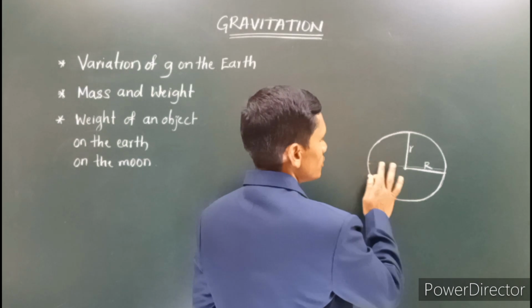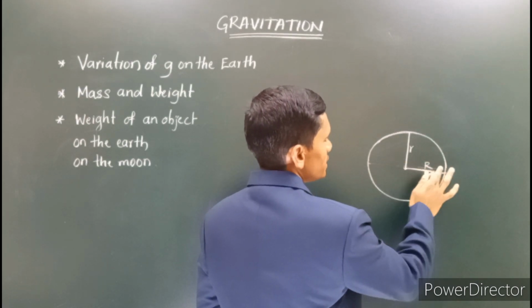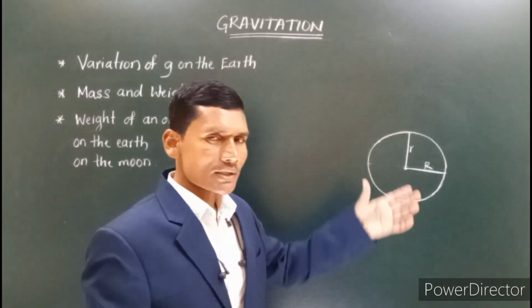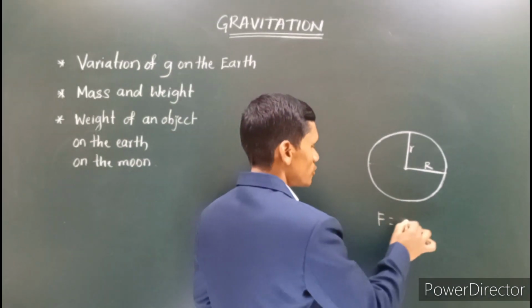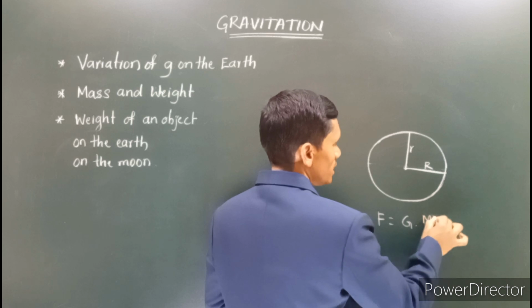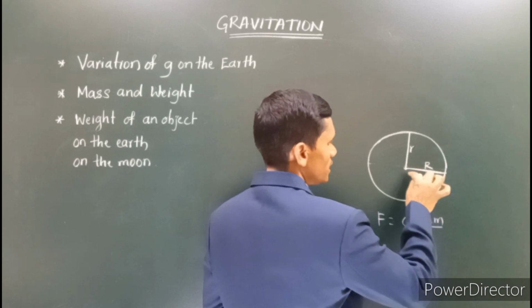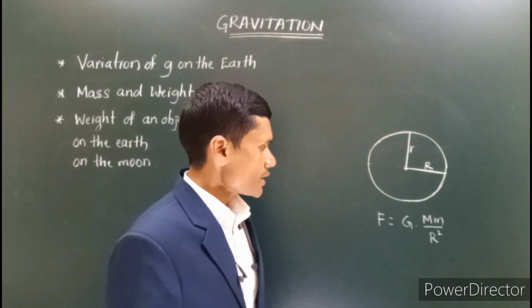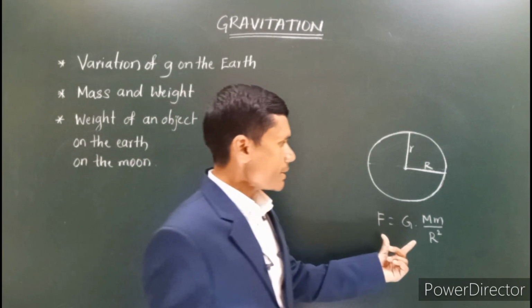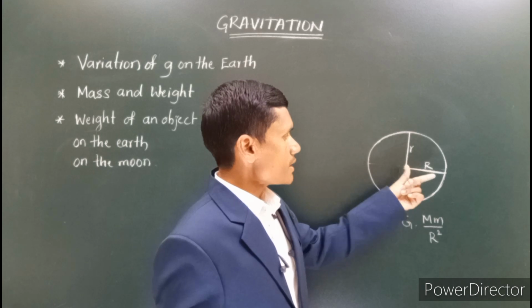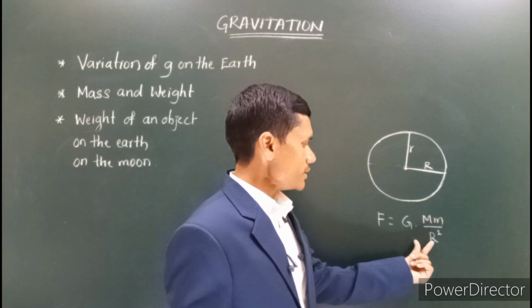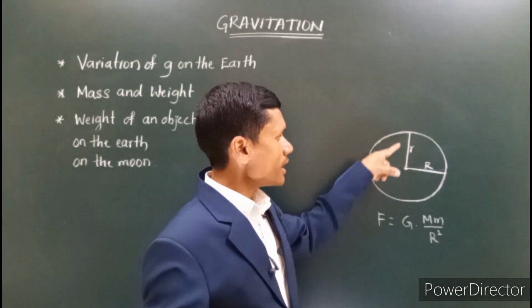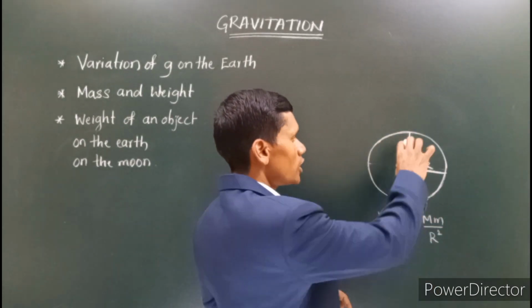The acceleration due to gravity is calculated based on the gravitational force of attraction acting on that object, that is F is equal to G into M divided by d square. Here d will be nothing but the radius of the earth, that is R square, right? Now coming to the topic, the radius is greater at the equator, so the acceleration is different. At the poles the radius is shorter.